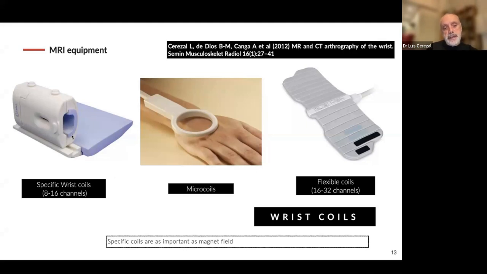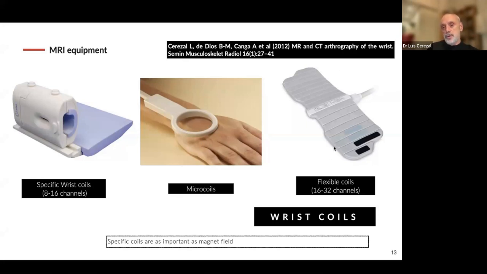The first is a coil specifically adapted to the anatomy of the wrist, with 8 to 16 channels. Microcoils with a racket shape are very good coils to perform studies of the TFC with fields of view even less than 4 millimeters and with very high resolution.